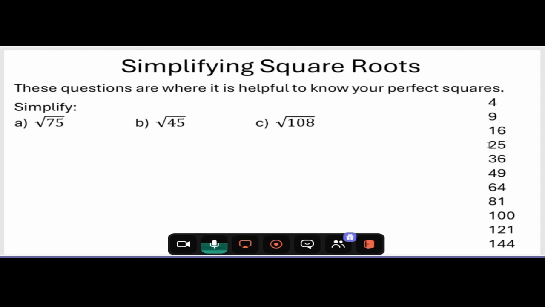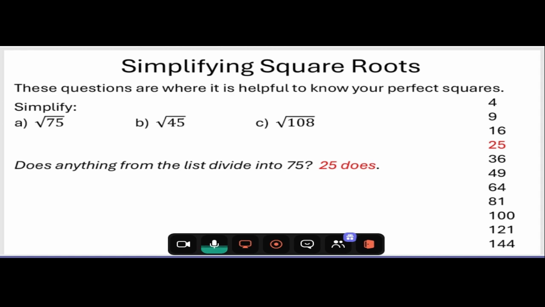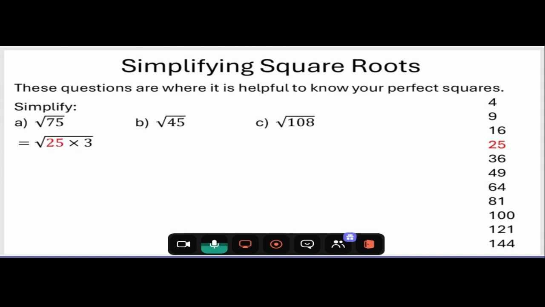Skip 16. Does 75 divide by 25? Oh, yeah, it does. 75 can be broken into 25 times 3. I picked a perfect square, right?